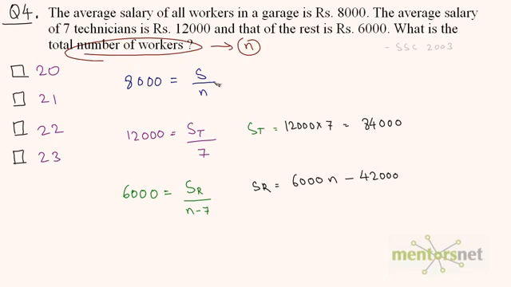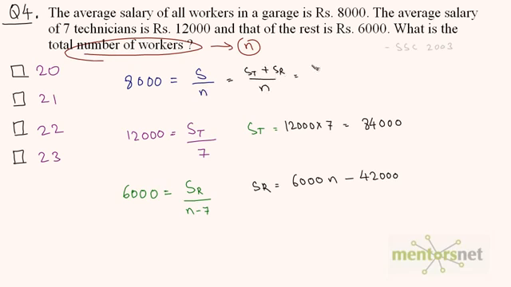Now you know that the sum of the salaries of all people will be equal to the sum of salaries of technicians plus the sum of salaries of the rest of the people. So this can be written as 8,000 equals S by n. S is ST plus SR, divided by n.